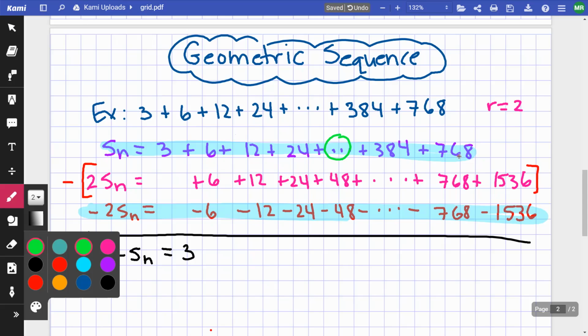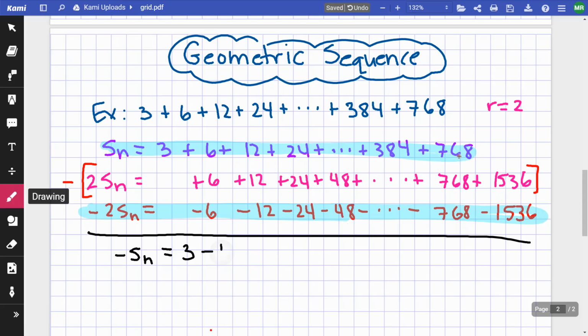And that's going to keep on going. Here, this +384 would have canceled out with a -384 that would have been down here. And this +768 cancels with this -768. So basically everything canceled out except for the 3 in front and that -1536. Now that's going to be -S sub n is equal to a -1533.